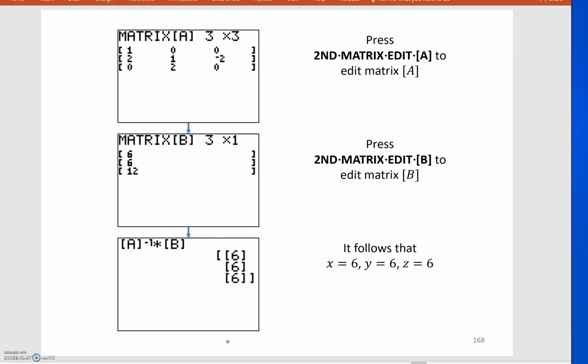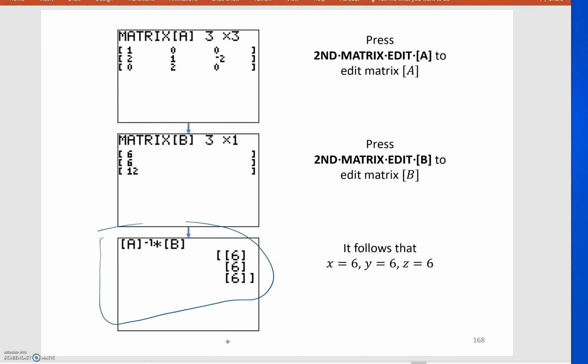As usual, we go to second matrix edit, make sure it's a 3 by 3, enter the values, then exit, go to matrix B and enter those values as a 3 by 1, and then finally take the inverse of matrix A times matrix B.